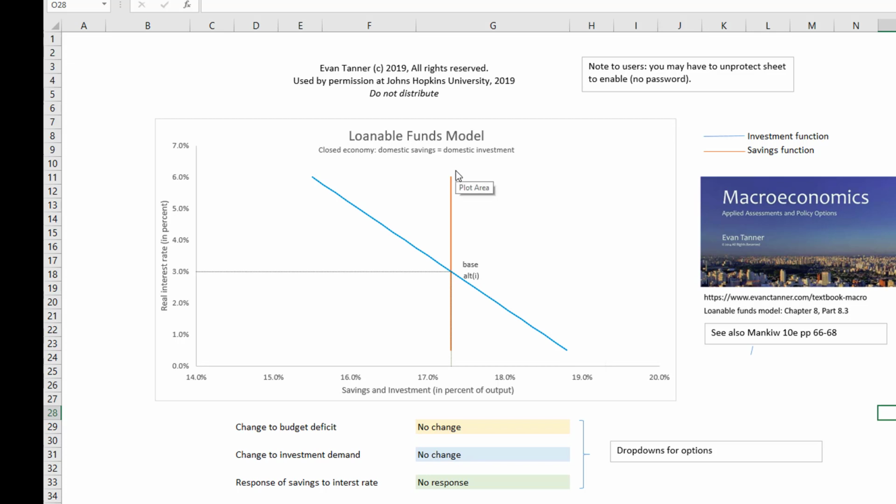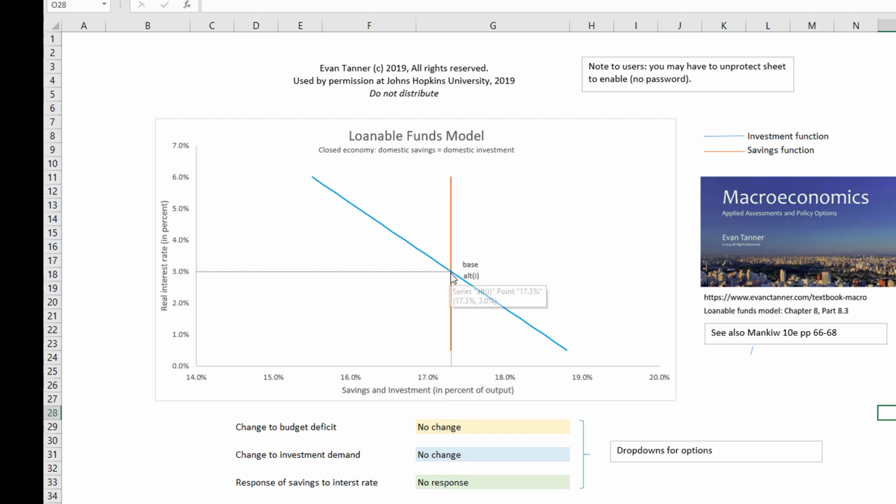You'll notice that we also have an orange line, which is invariant to the interest rate. It's a vertical line, and this tells us the amount of savings that takes place. We're here at about 17.5% of GDP savings in the normal case.